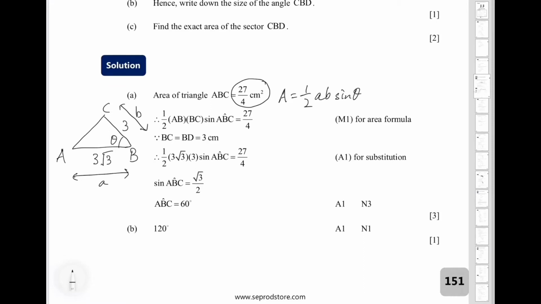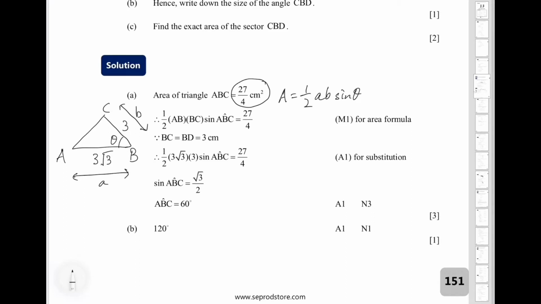In my working, I try to use the notation angle ABC, but in my draft here, I try to use the angle theta. Both of them are okay. Then by making sine ABC the subject, we have sine angle ABC equal to √3/2.